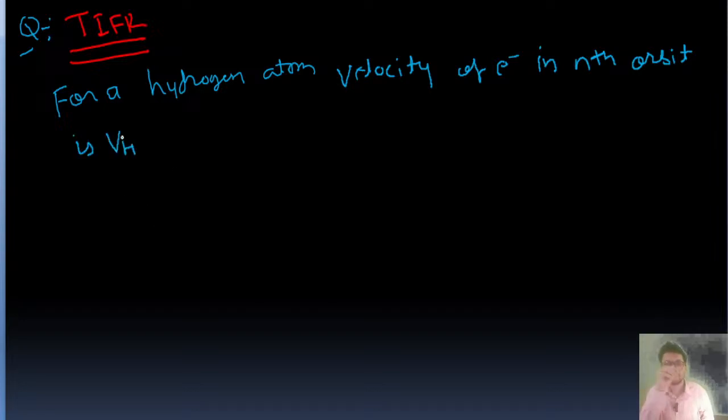So for hydrogen atom, the velocity of electron in nth orbit is Vh.